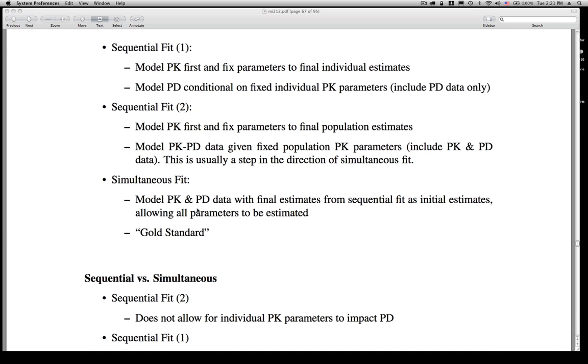And we can actually model correlation in those parameters across PK and PD as a potential descriptor of the variability, and it can happen that way, particularly with target-mediated drug disposition mechanisms, where PK parameters and inter-individual differences in those are correlated with PD endpoints and PD parameters. So only a simultaneous fit allows you to do that.